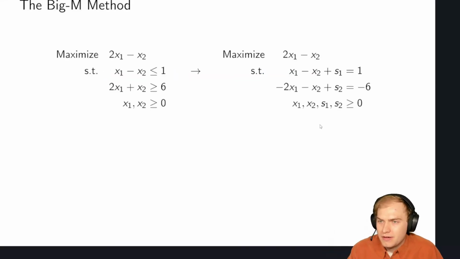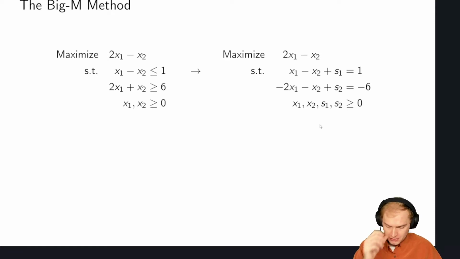So the big M method, and again, we're going to be doing example problems in 2 dimensions. And it might be easy for us to look at a problem in 2 dimensions and pick a feasible place to start our simplex algorithm. But a real world problem may have far too many variables, far too many constraints.